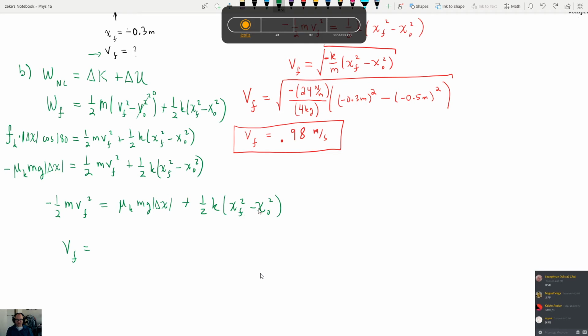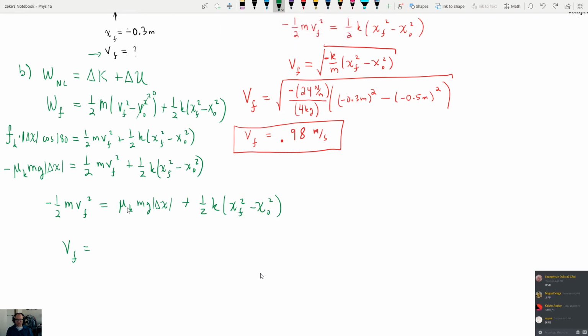I think I'll just multiply the 2/m through everything. I'll make it clear what I'm doing here. I'm multiplying both sides by negative 2/m. So the first term is going to end up being 2 mu k g, and it'll be negative.